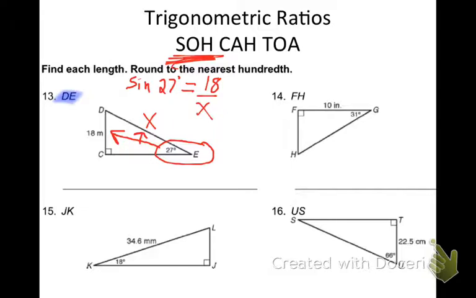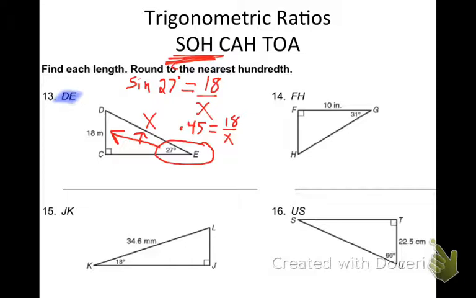So what is the sine of 27 degrees? 0.45. That's what you're saying. So 0.45 equals 18 over x. And now I want to solve for x. So solving for x is really 18 divided by 0.45.